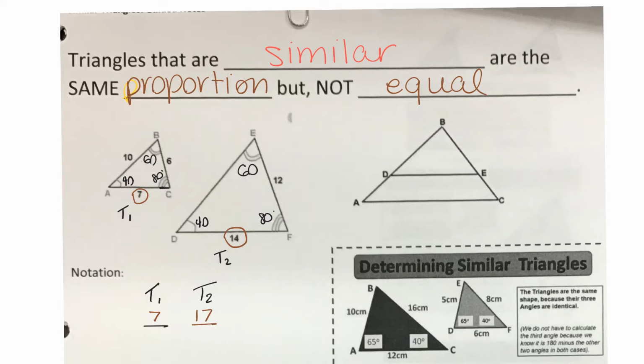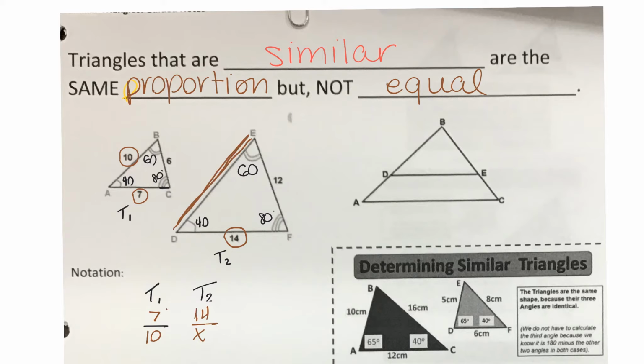And then over here, AB is 10. If I want to know what's happening with DE, I can figure that out because they're going to create a ratio, right? And that's not a 17, that's a 14. Okay.